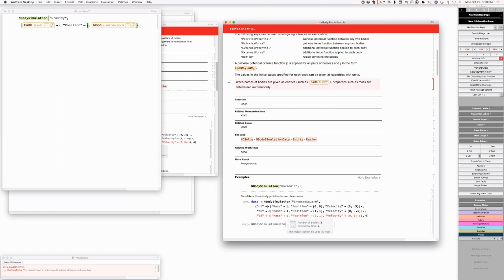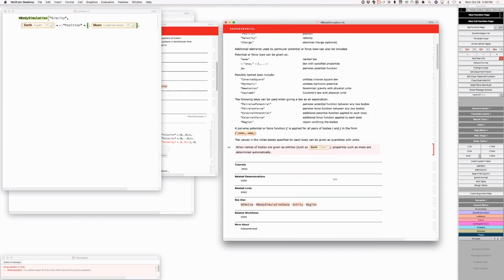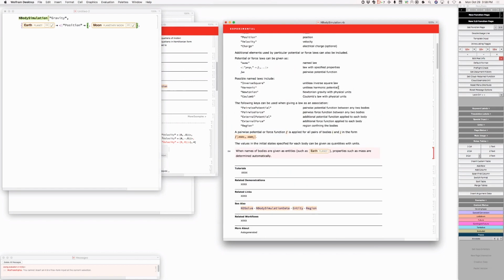So how do I give the spring constant for the harmonic potential? You would use something like list of harmonic, comma, spring constant. Great, you didn't tell anybody that.